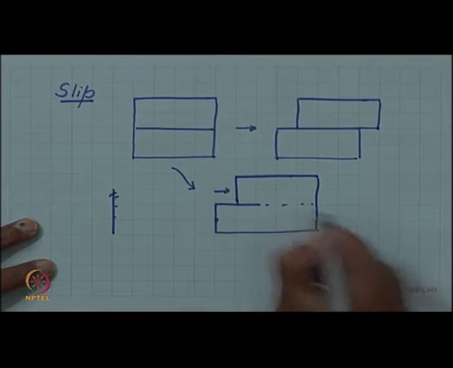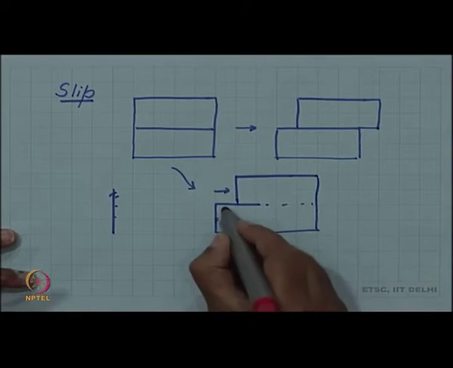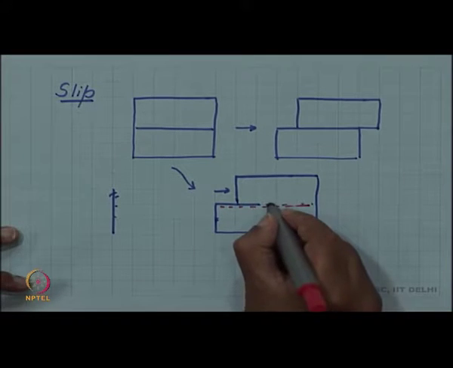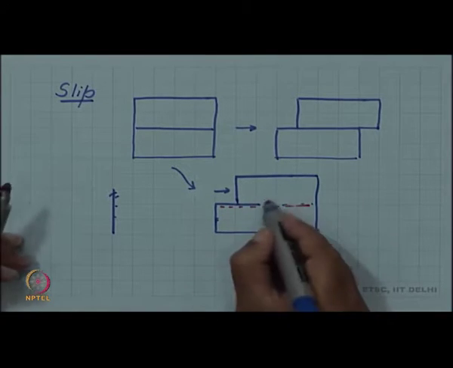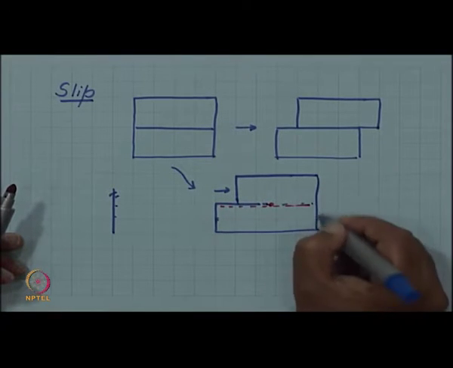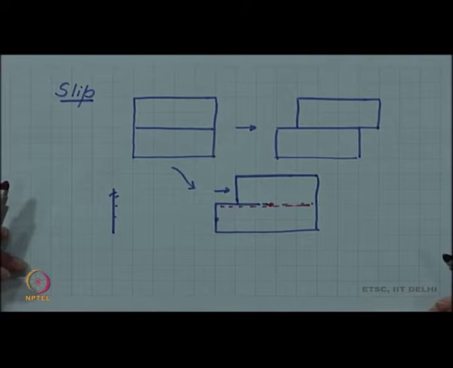So, if I look at this plane, on this plane up to some point sliding has happened. So, on the left side I have this step, but on the right side I do not have this step.